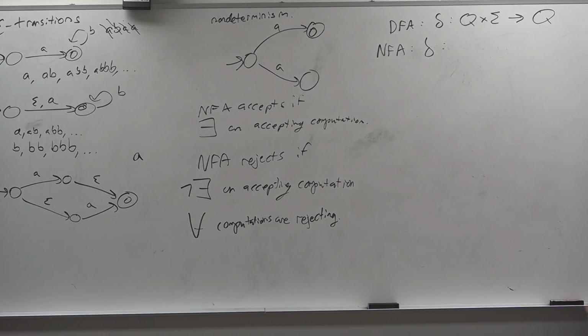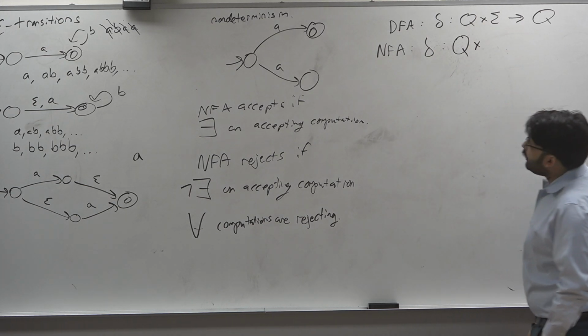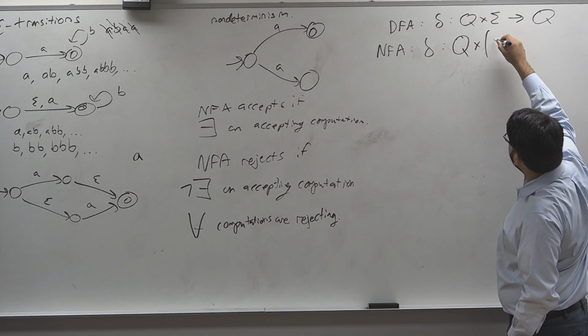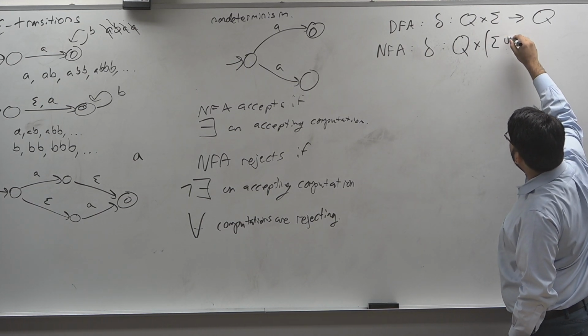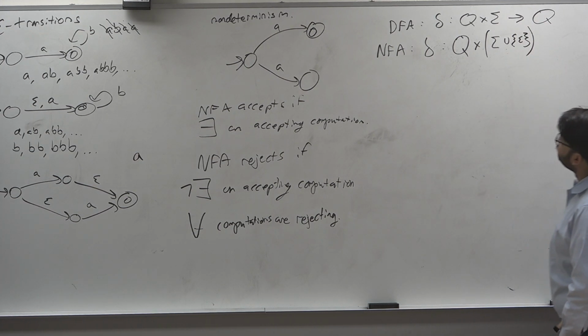Let's define ourselves to still begin at single states. Now we have the option to read a symbol, or not. There might be an epsilon transition defined. So it's not the case that we always need to read a symbol, but we can also read epsilon if there's such a transition defined.